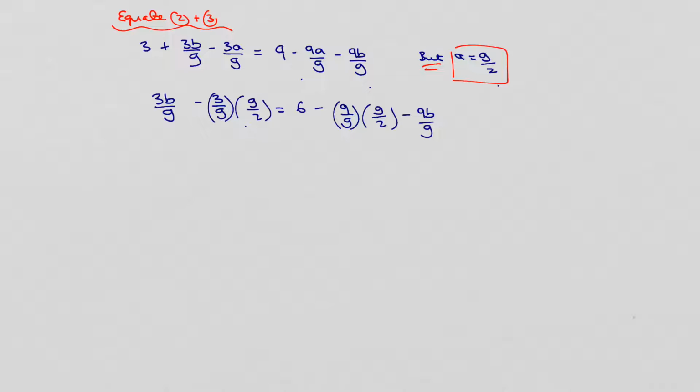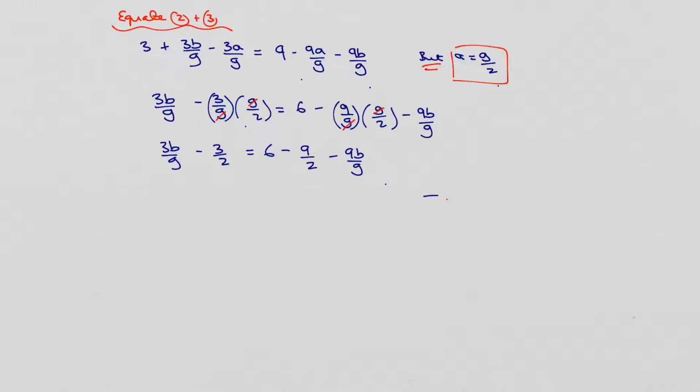Okay, so if I simplify those, g goes into g once, and I'm left with 3b over g minus 3 over 2 is equal to 6 minus 9 over 2 minus 9b over g.